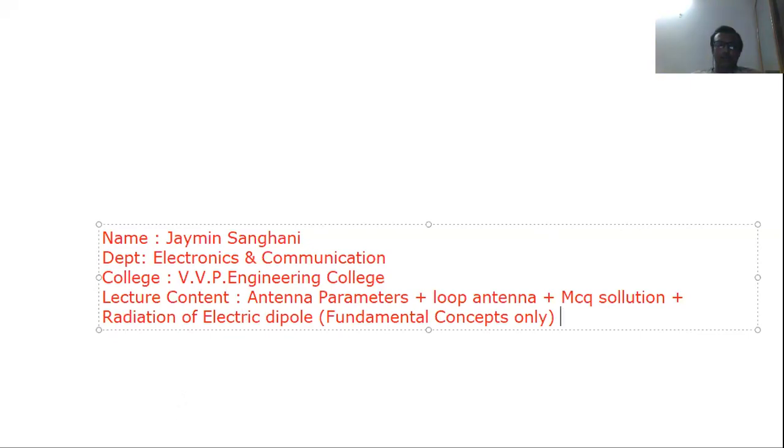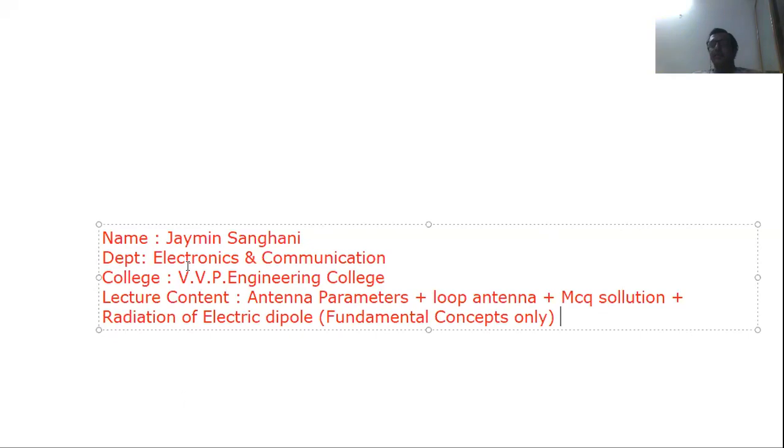So we have started the topic related to antenna. First of all, what is an antenna? It can act as a sensor of the electromagnetic wave, or it can act as an impedance matching device.